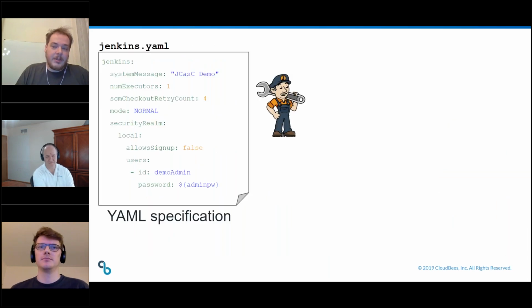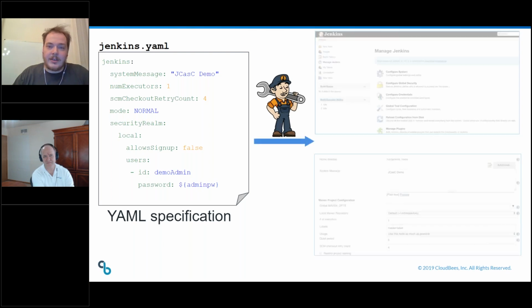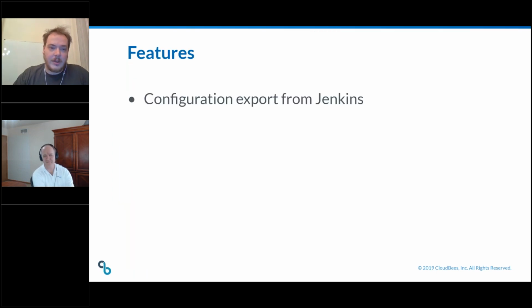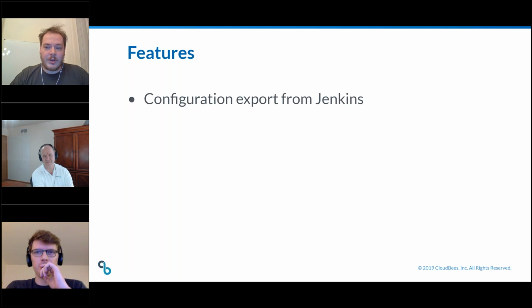The idea is simple, and there were a lot of presentations about the JCasC plugin, so we want to deep dive into JCasC. You pass a YAML file, then this YAML file gets converted, and basically you get your configuration applied. That's simple. That's what you can do in Groovy hooks. But there are a lot of things you cannot do in Groovy hooks. For example, you cannot export configuration to Groovy.